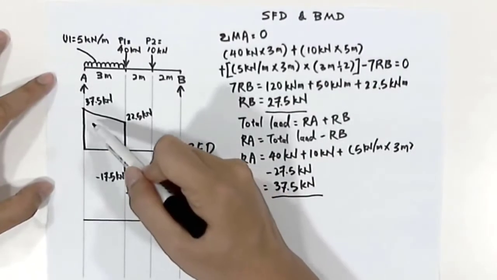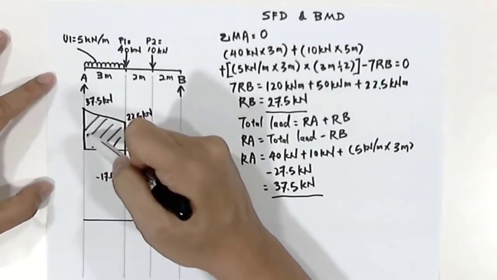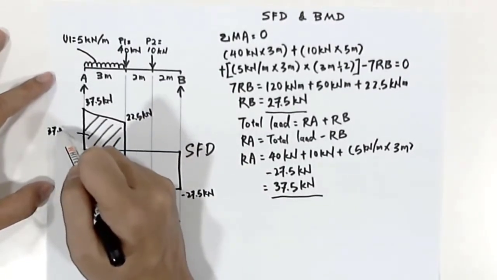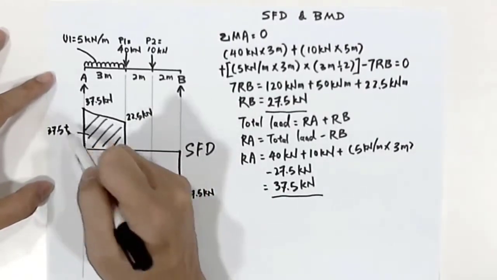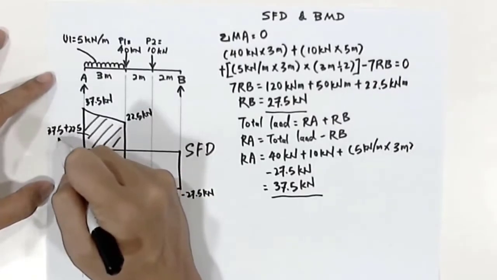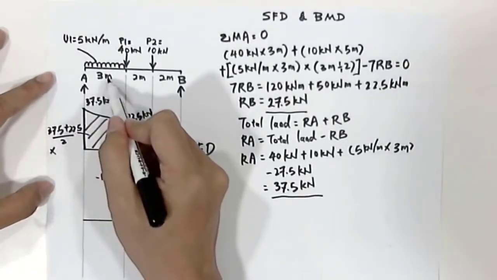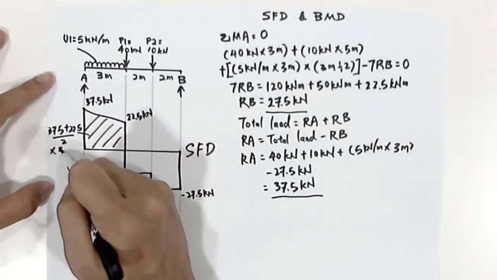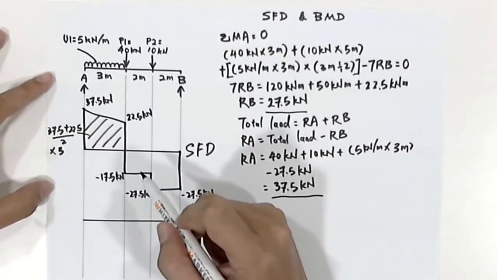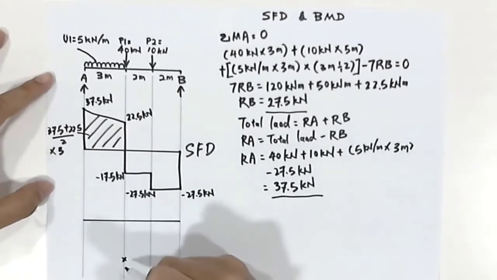So let us try to calculate the area for this zone, which is 37.5 plus 22.5, divided by 2, then times the span 3. The answer will be 90 kilonewton meter.